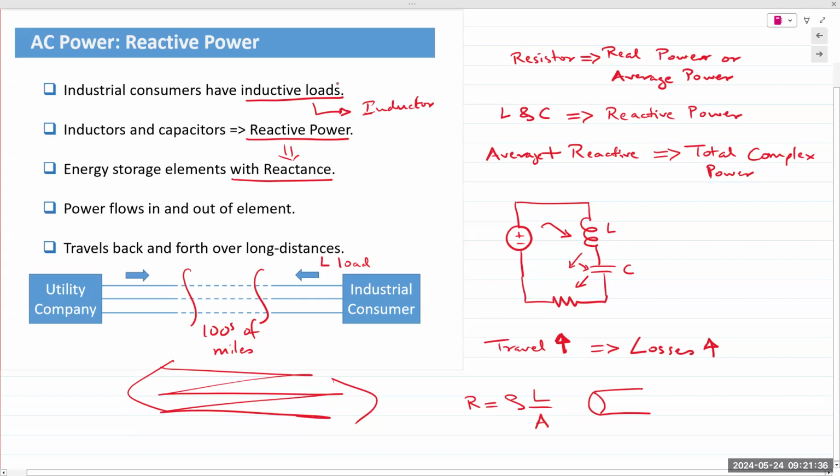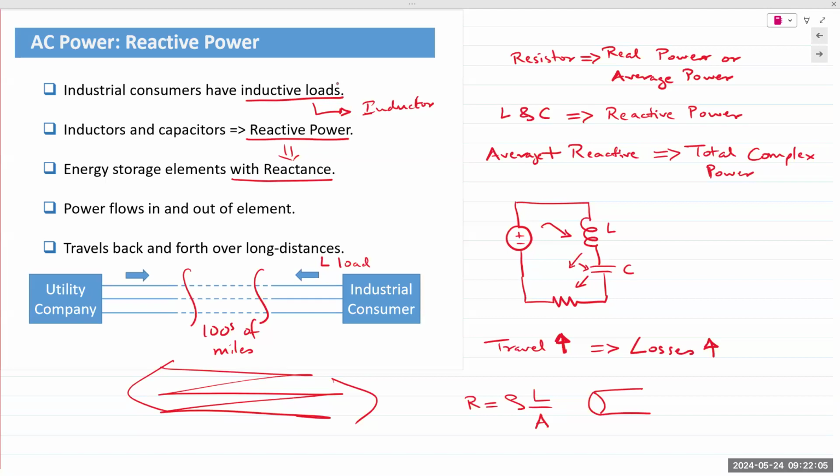That is also one of the reasons why we transmit at high voltages and low currents, because current results in an I squared R power loss. Again, it's a lot of equations and a lot of things tied together, okay? But the gist of it is, the more you send power over long distance transmission lines, the more energy you lose during transmission.